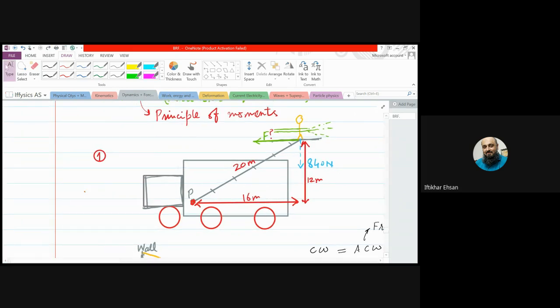One of the forces is 840 Newton, the other we have to find. And we know these distances: 16, 12, and 20. So we have to find the force F.